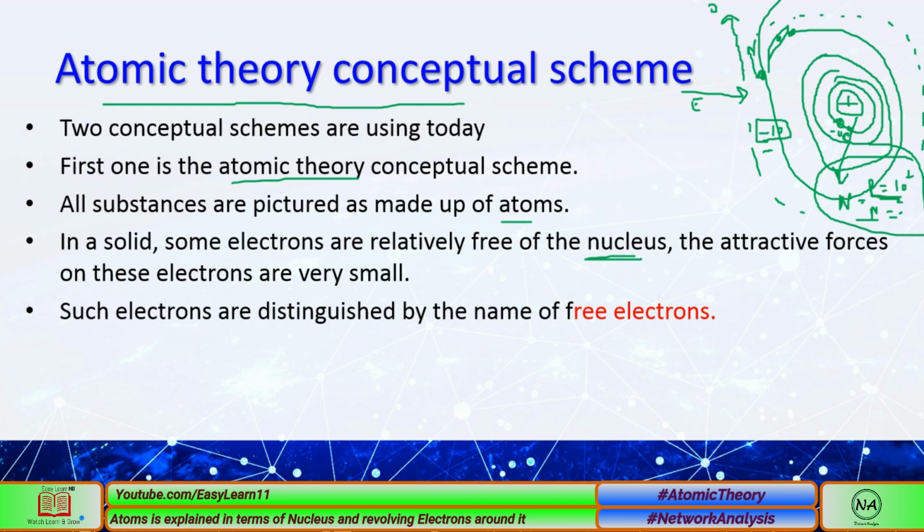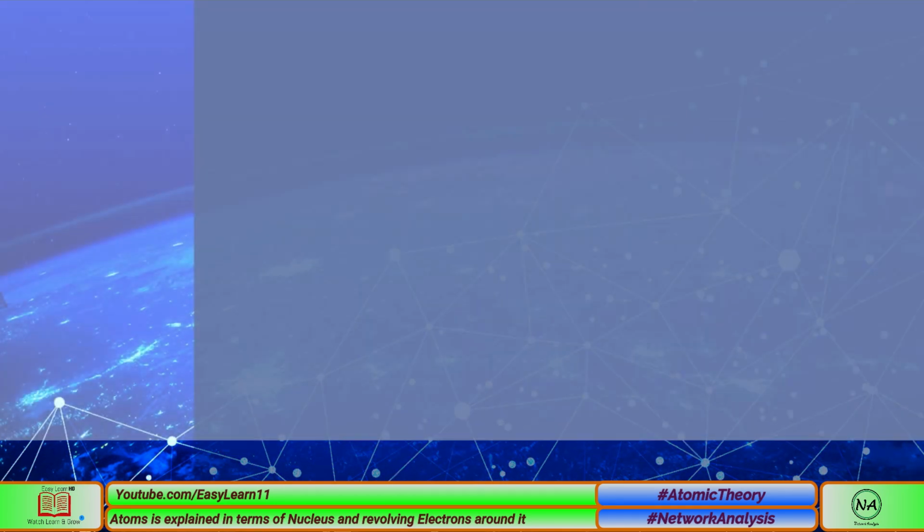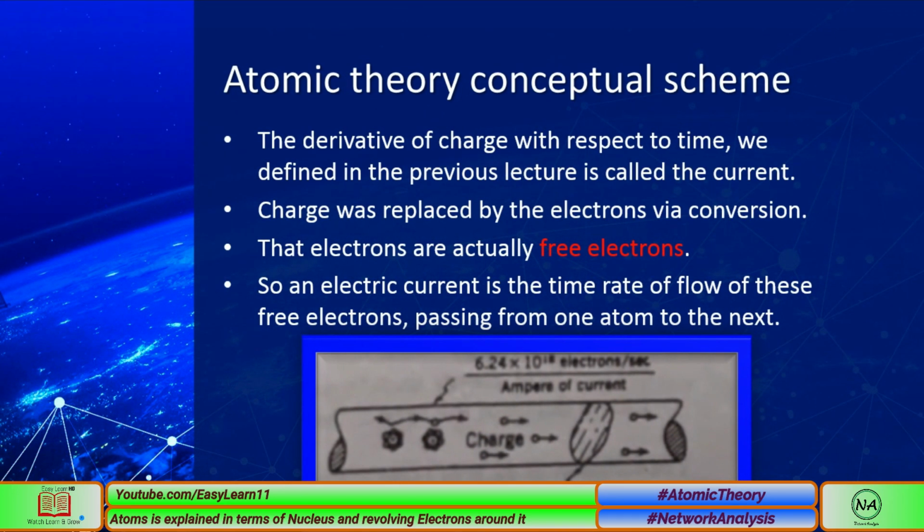The more of these electrons, the more the chances of movement. Such electrons have a particular name, free electrons, and they are very important. They relate to the derivative of the charge q with respect to time, dq/dt, which we discussed in the previous episode.